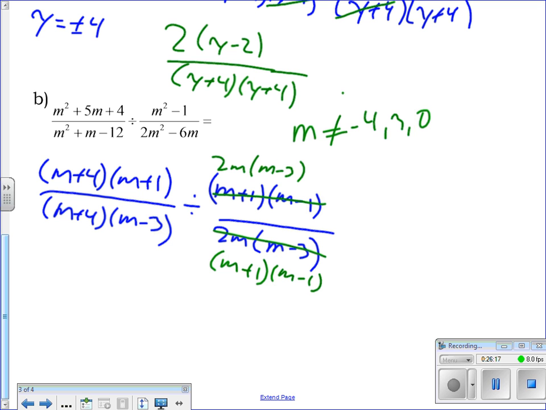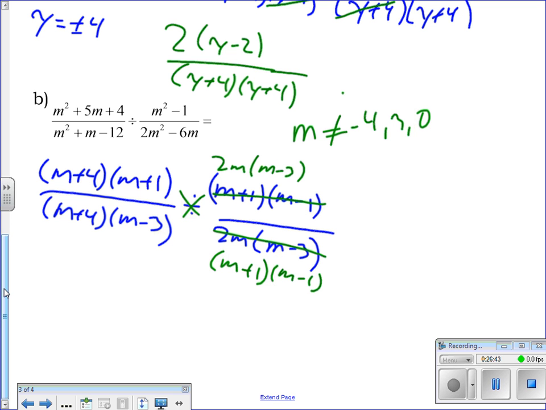That's what it is inverted. Instead of dividing, now I'm multiplying. Invert, multiply. Multiplying, what do I do? I cancel. Anything in the numerator I can cancel with anything in the denominator. Now's the time to do it.